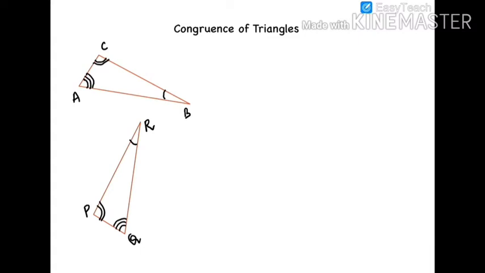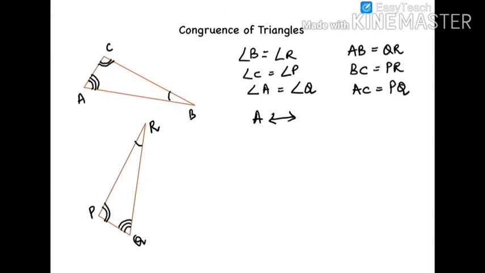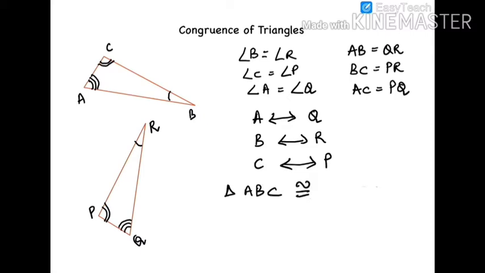So let's write down the corresponding sides and angles. So vertex A corresponds to Q, vertex B corresponds to vertex R, then vertex C of the first triangle corresponds to vertex P.